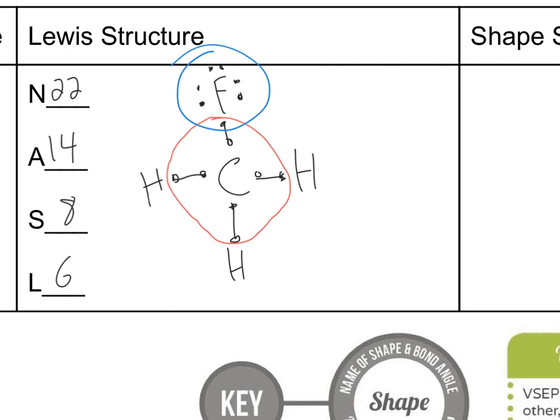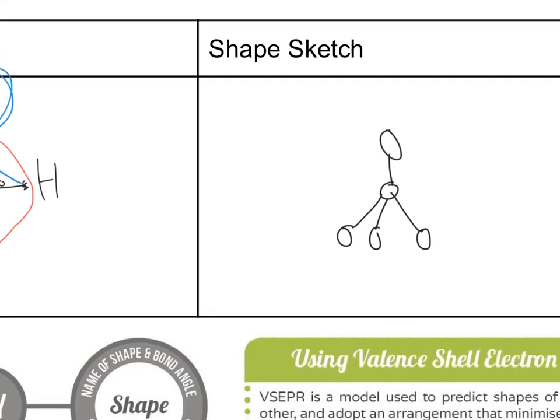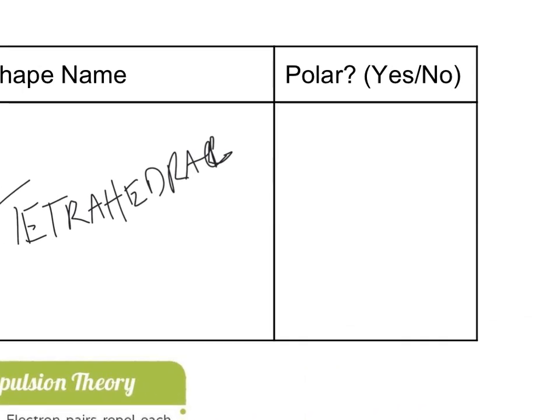Fluorine is super electronegative, which means it's going to pull all the electrons from all the other atoms to its end of the molecule, creating a partial negative charge. So even though the shape is a symmetrical pyramid, the fact that the pyramid has a top that's different from the base means that it is going to be polar. So this would probably be like the trickiest one I would give you on the quiz, where it's a shape that's normally nonpolar, but it is clearly different on one side, making it polar.